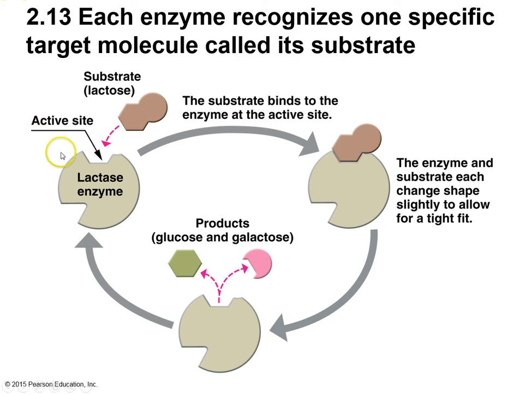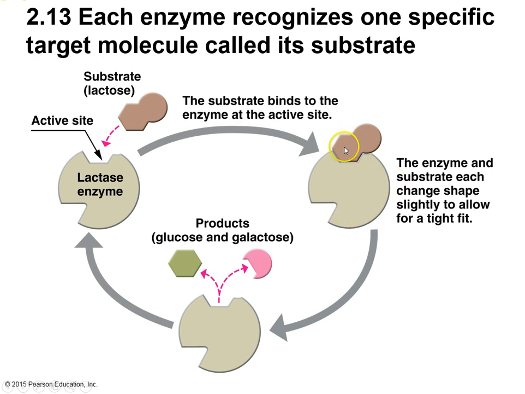Now we can see here that in our lactase enzyme there's a region called the active site. And this is where our substrate, or the reactant in this chemical reaction, is going to bind to the enzyme. So the substrate binds to the enzyme at the active site, and we now have something called an enzyme substrate complex. So they fit together, and the enzyme performs the chemical reaction.